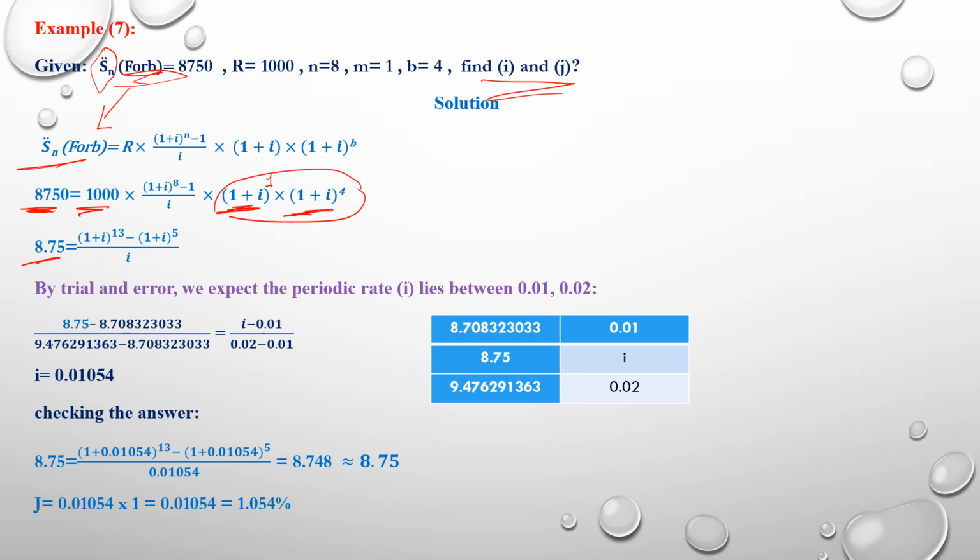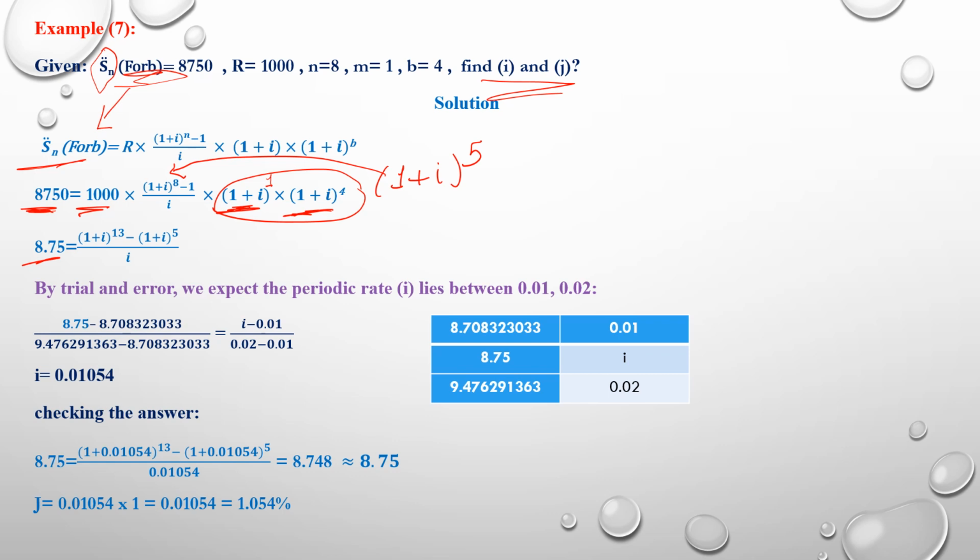This quantity would equal (1 plus I) power 5. Multiplying this quantity by (1 plus I) power 8, again the same base and different powers, so we will add the powers. 8 plus 5 equals 13, so (1 plus I) power 13 minus (1 plus I) power 5, over I.